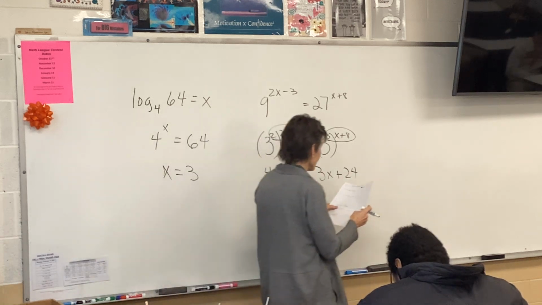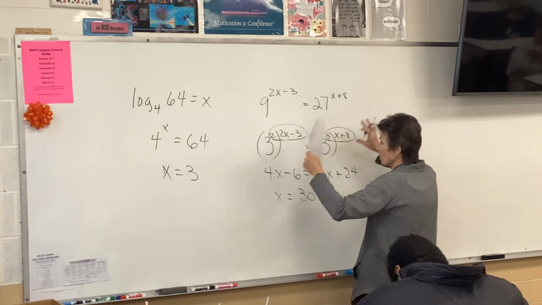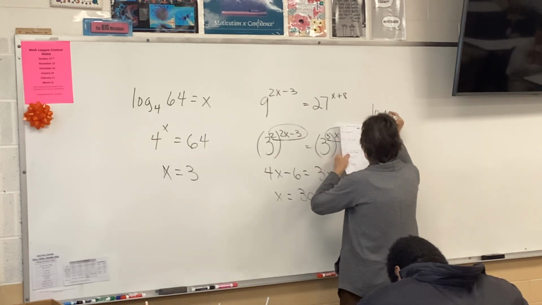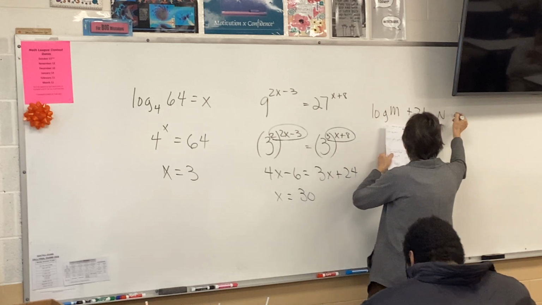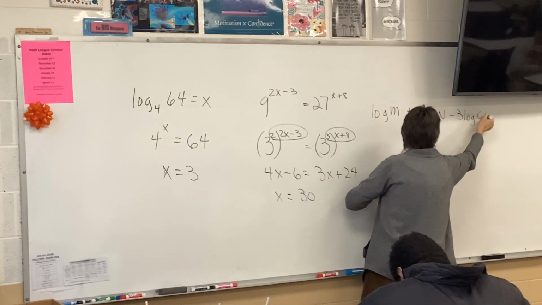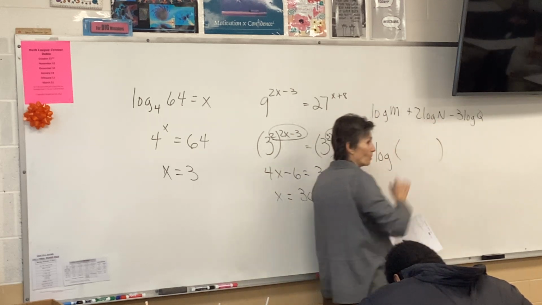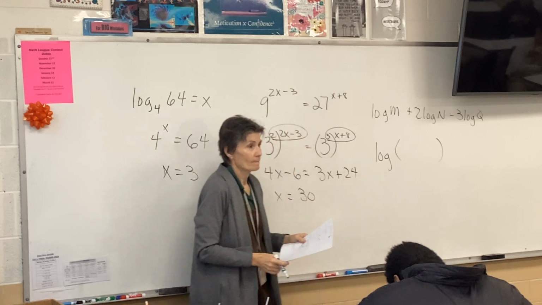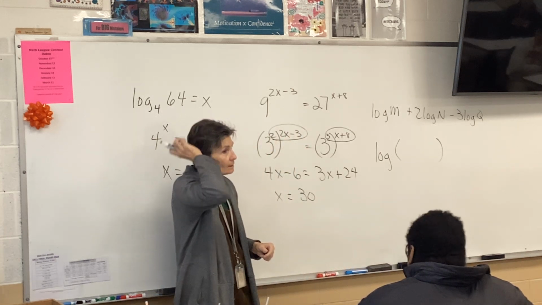Write as a single logarithm. All these are test questions. I know this says practice quiz, but these are all test questions. Log m plus 2 log n minus 3 log q. And you're going to write this as a single logarithm. Okay?